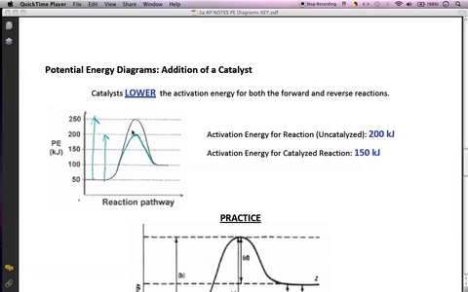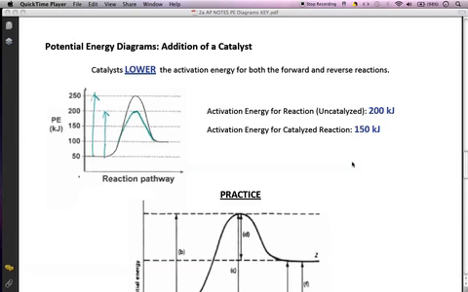I'm going from 50 up to 250, so when I find the difference, that's 200 kilojoules. For example, if I catalyze the reaction and it lowers the activation energy, say down to 200, and you'd have to be given some type of information about that, we'll see that now it only has to go from 50 to 200, so now I just have a difference of 150 kilojoules. So it lowers the activation energy, which remember increases the rate of the reaction.